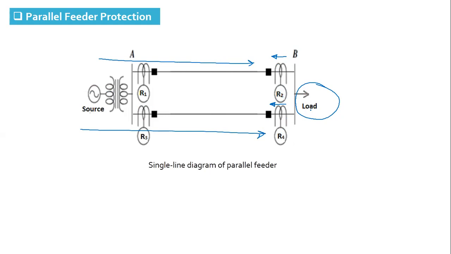So the relays R2 and R4 are not required to coordinate with the load. The coordination with the load is to be done with relays R1 and R3, because R1 and R3 will provide backup to the protection on the load side.